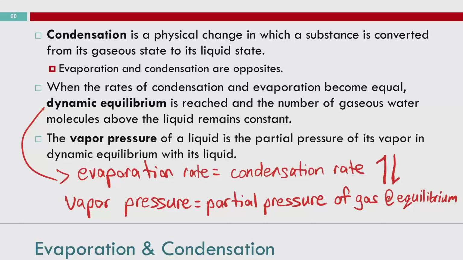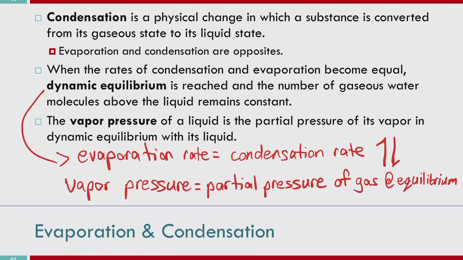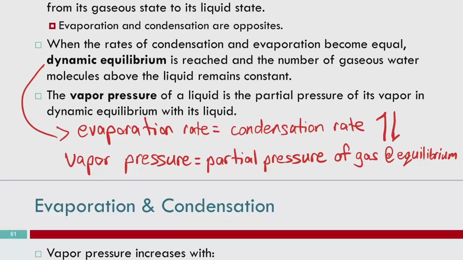I believe we did this last week when we were making the hydrogen gas in the little reaction vessels. That table that we used to figure out the partial pressure of the water vapor was based on vapor pressure. That's that pressure, what it was.